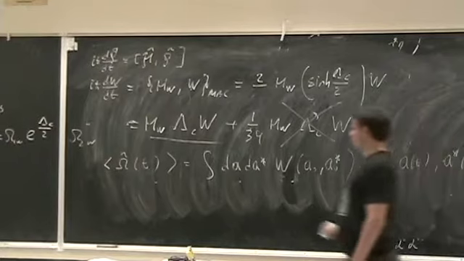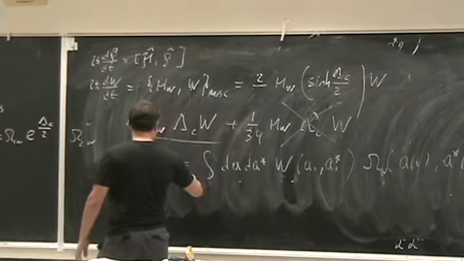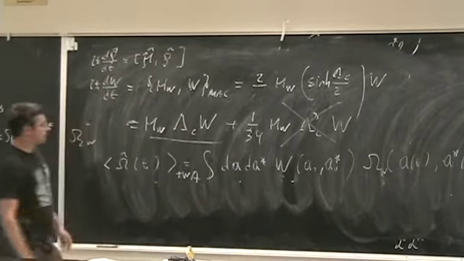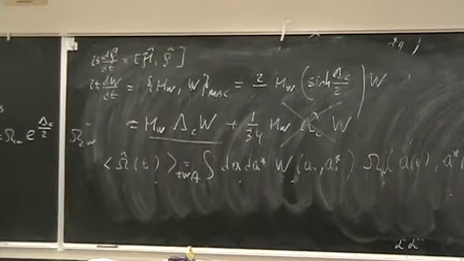So this is not exact, but this is what's called the truncated Wigner approximation. That's basically it. This result is the title of my lectures.